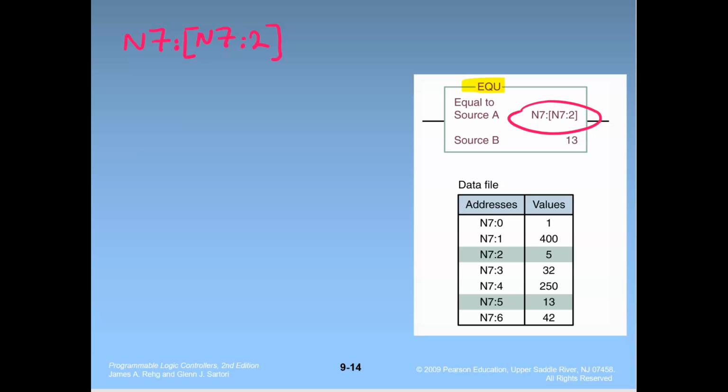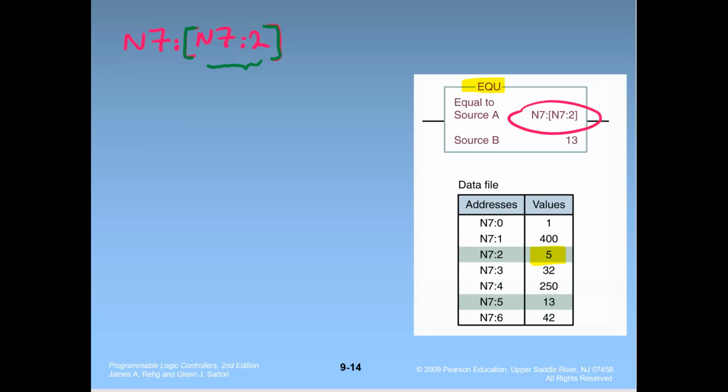In order to do that, you have to notice that there is a bracket, and inside this bracket you have a logical address. So what you're supposed to do is go to the logical address you have inside the bracket and find the data that is saved over there. So in n7:2, the data that I have is 5.